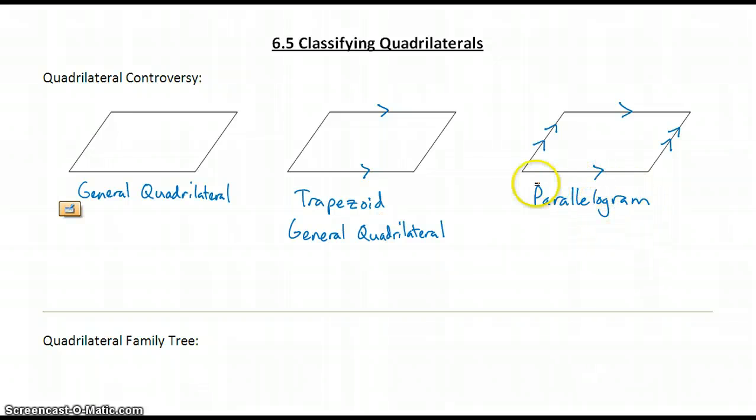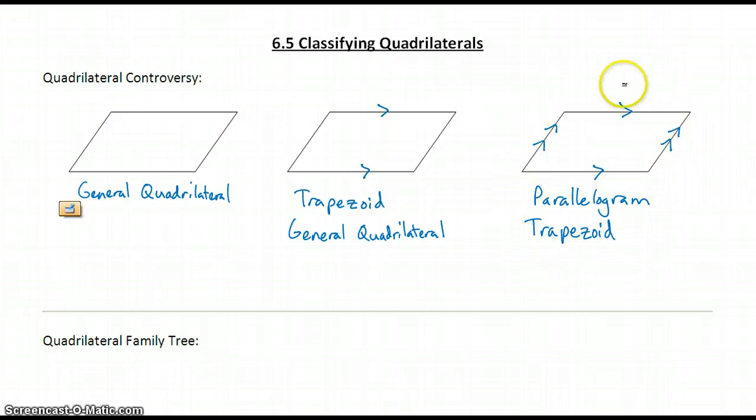We're going to use the inclusive definition, kind of like an equilateral triangle is isosceles. A parallelogram is also going to be a trapezoid. We're going to use the definition that a trapezoid has at least one pair of parallel sides. If it has more than that, then it just happens to be a parallelogram also.